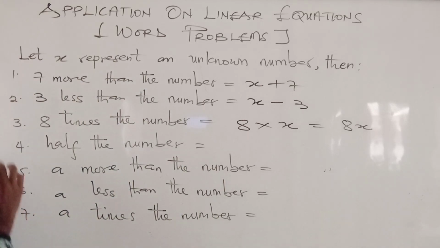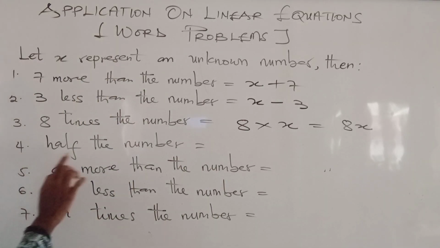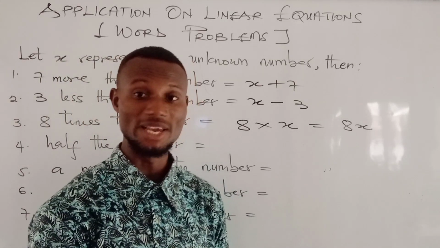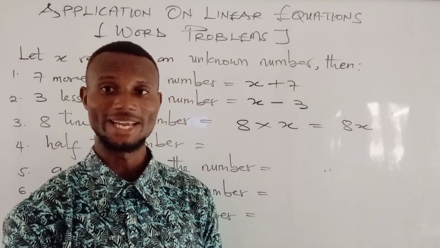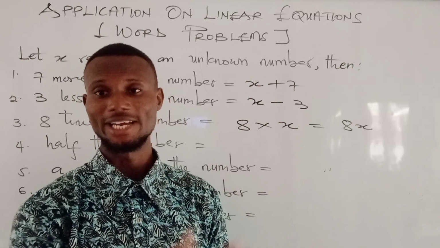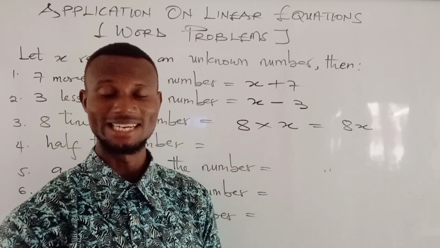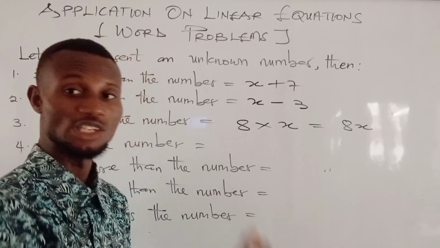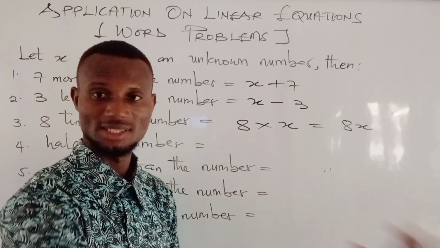Let's take a look at the fourth one. It says half the number. Half in mathematics means 1/2. Anytime you hear half, it is written mathematically as 1/2. So half the number means 1/2 times the number.